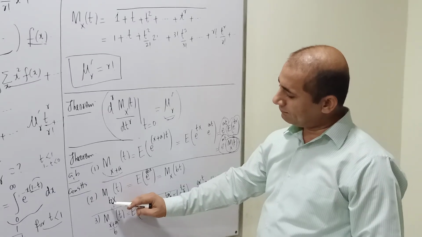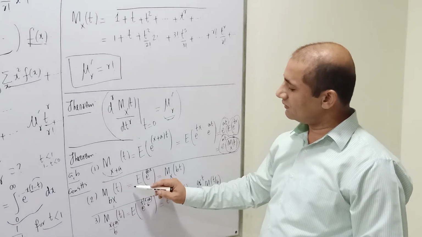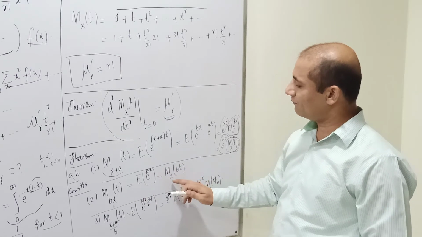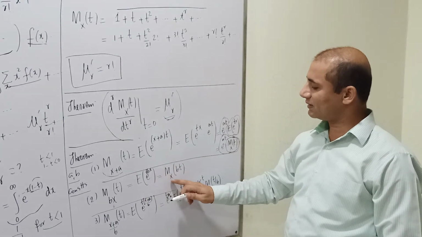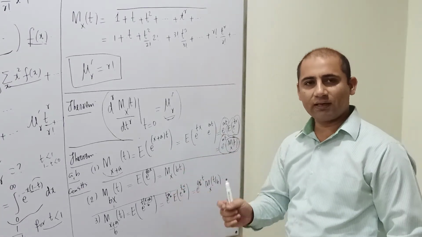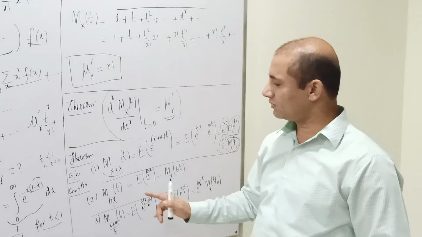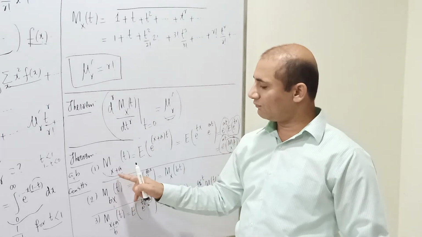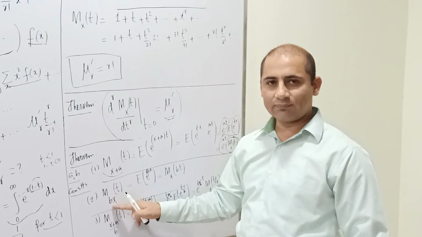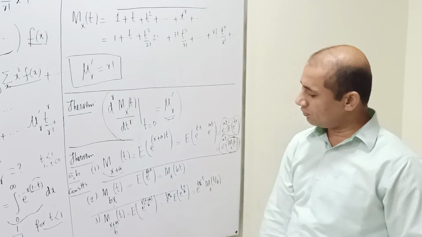Likewise, if we have M_{bX}(t), this is the expectation of what? e to the power tbX, and now I can write this as M_X, and instead of t now I have bt. So again we are making little modifications to the random variable. Over here we added a constant, over here we multiplied it by a scalar, and now please look over here.